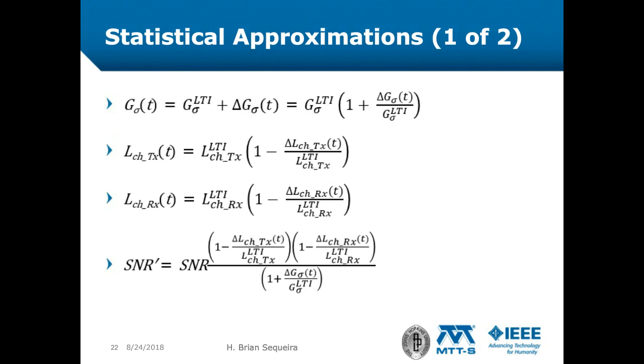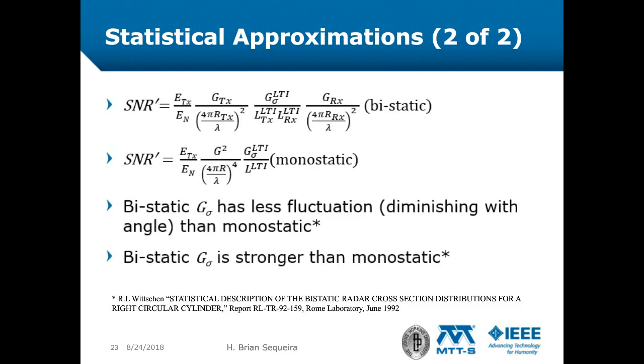Then SNR prime equals the product of a time-invariant factor with E sub tx divided by E sub n. We can extend the validity of an LTI model if we assume that the time variation of these quantities is noise-like and can be handled statistically. This is the basis for swirling models for target fluctuation.